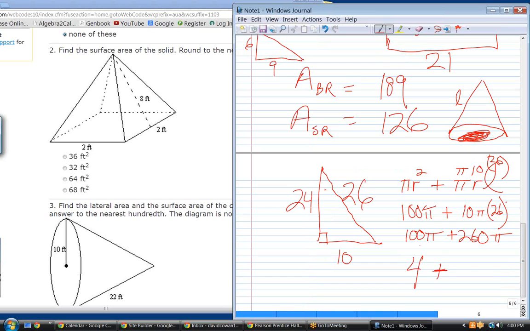Plus the lateral surface area is very similar to this definition here. This was pi r L. Well, this is going to be 1/2 the perimeter times L. Instead of the radius.